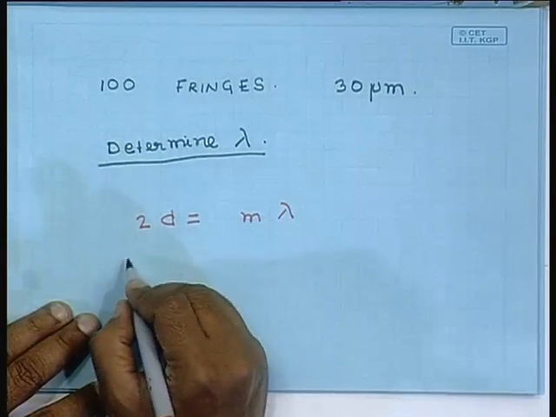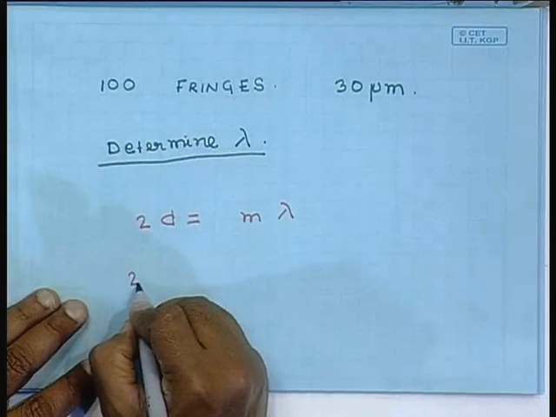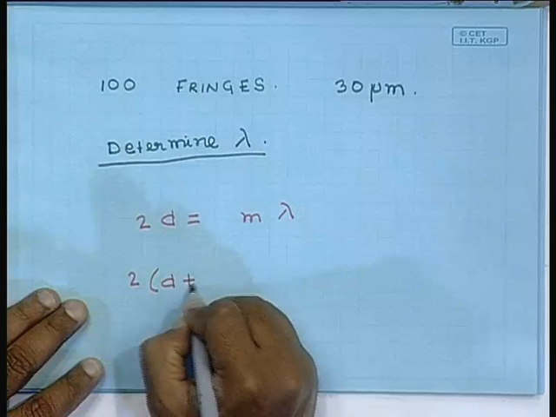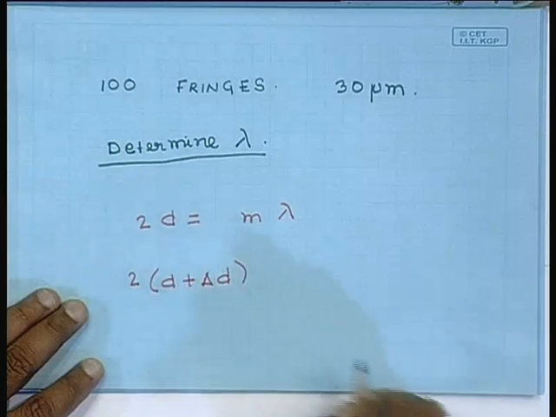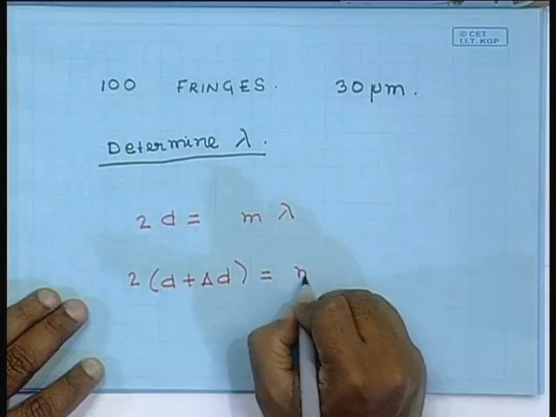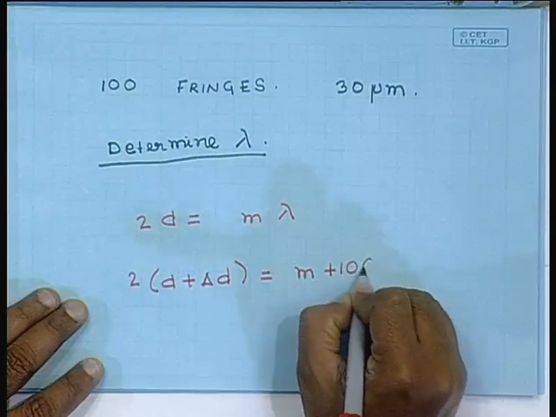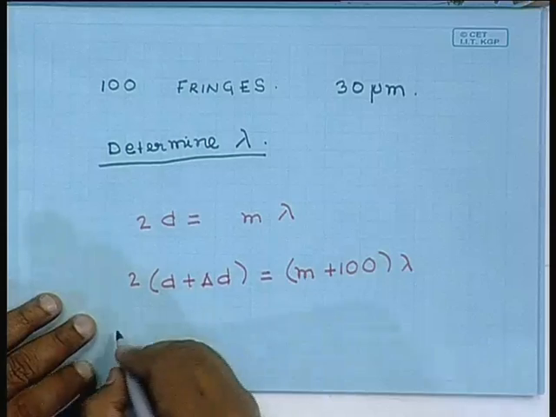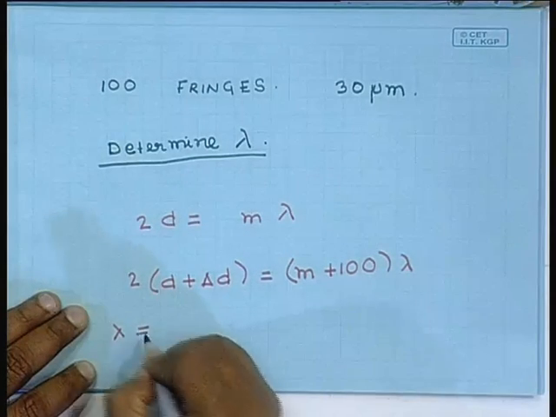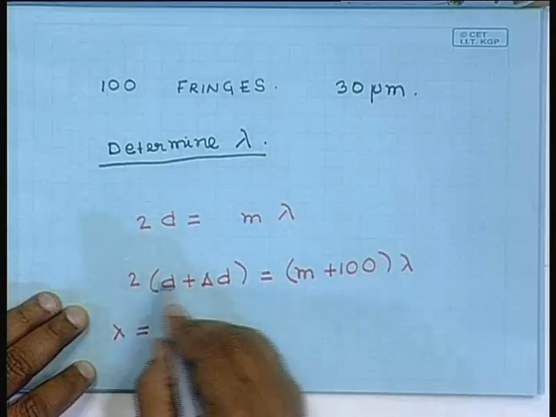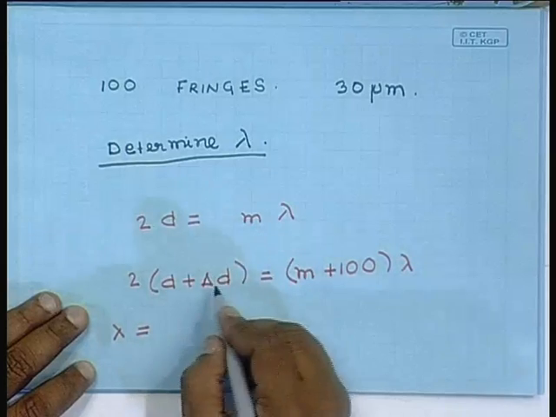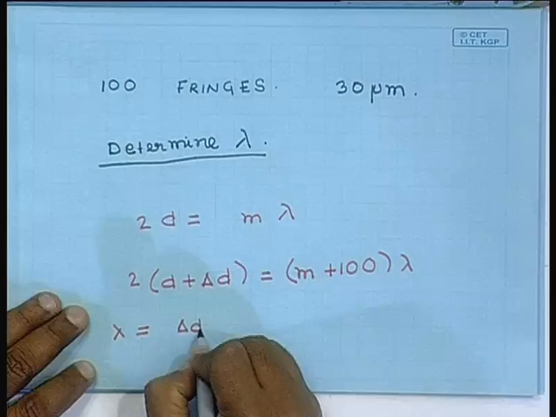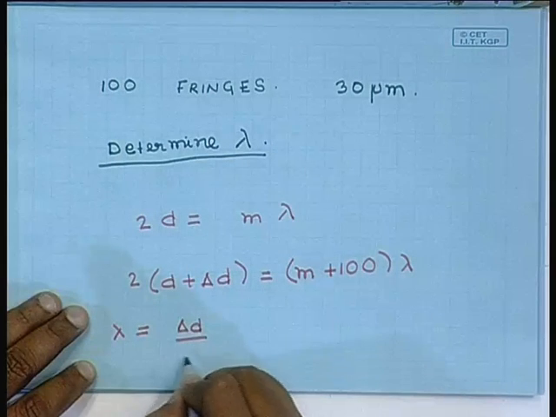Now when you move one of the mirrors so that you get 100 new dark fringes, then 2(d plus delta d), where delta d is the distance you have moved the mirror, should be equal to (m plus 100) lambda. This tells us that lambda is equal to 2 delta d by 100, which is delta d by 50.